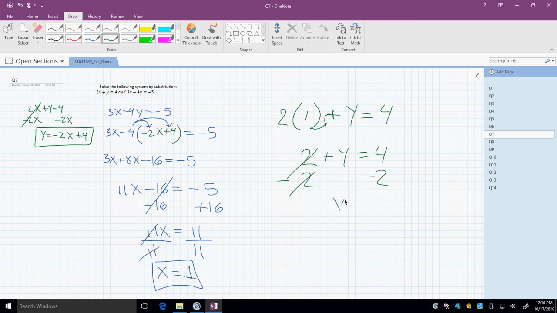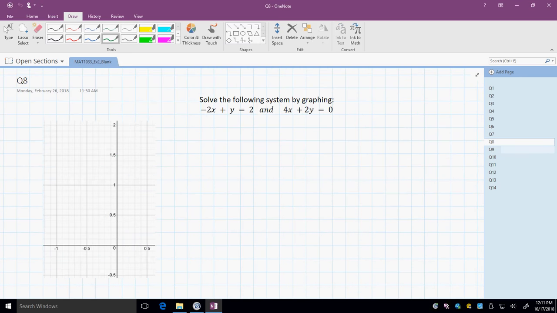So the 2 cancel, now I have y equals 2. Good. We're going to move to number 8.